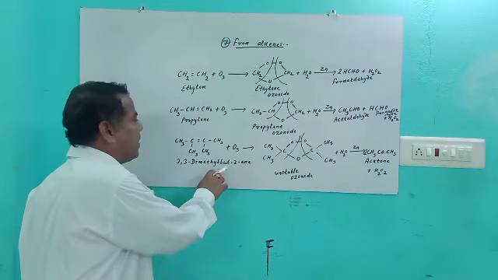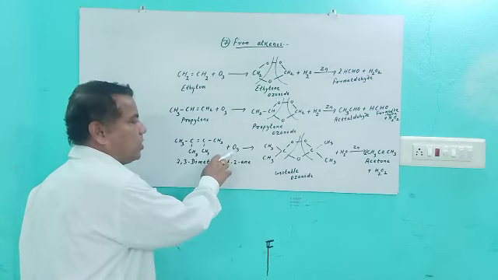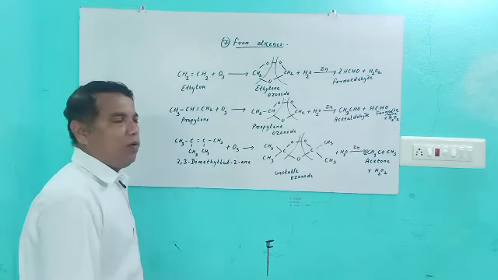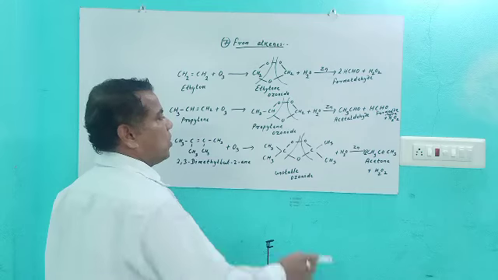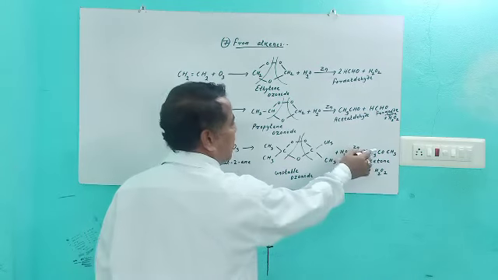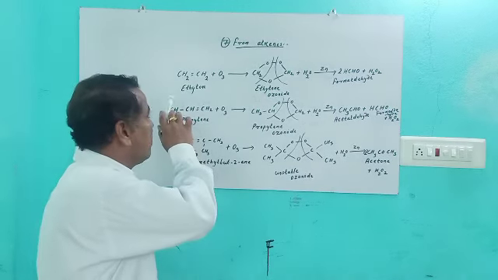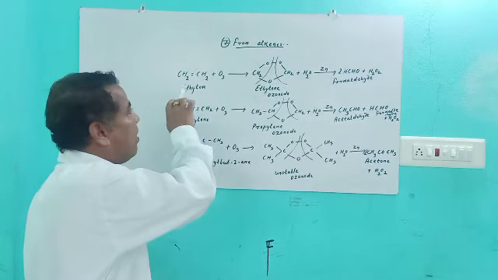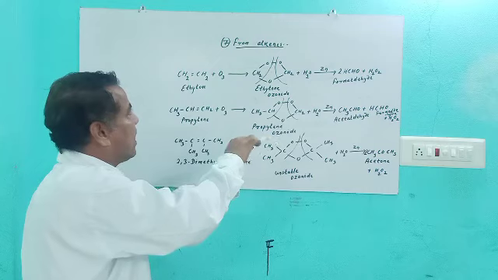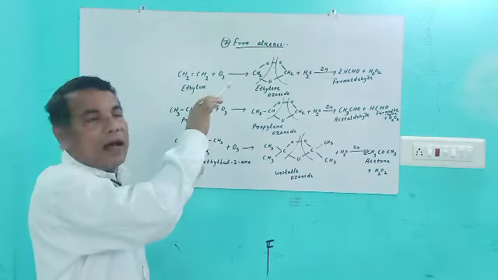But 2,3-dimethylbut-2-ene on ozonolysis forms an unstable cyclic ozonide, which on hydrolysis in the presence of zinc forms two molecules of acetone. So this is how an aldehyde or a ketone can be prepared from an alkene.